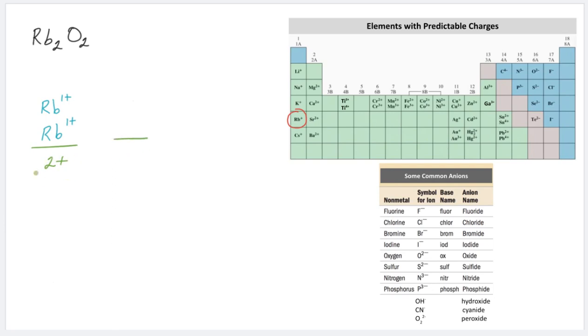To cancel these two charges, the other species, the O2, has to be -2, so they can cancel out. So that means that this O2 actually is a peroxide. That makes sense.